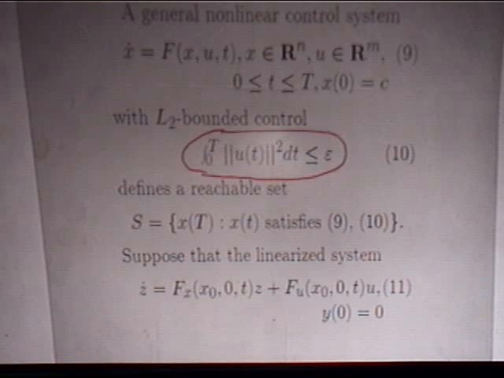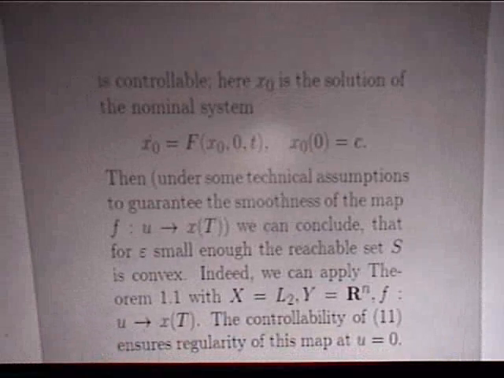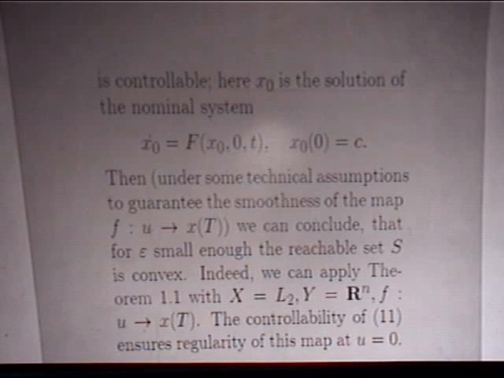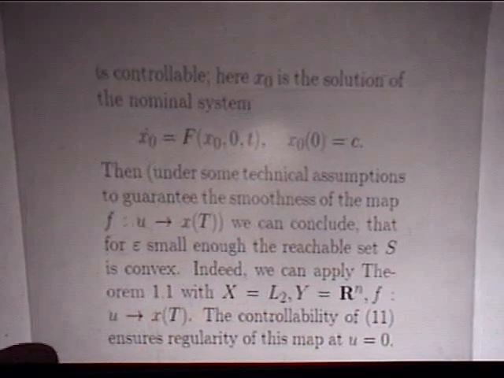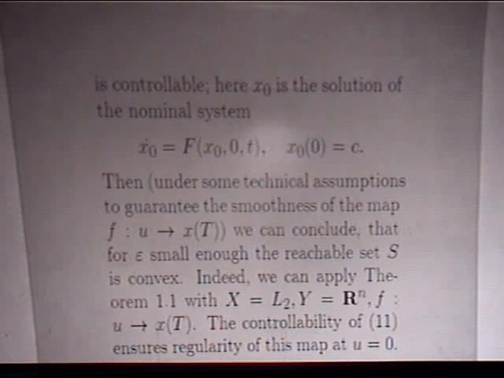Controllable means that for this linearized system, any point is reachable from 0 if we apply arbitrary controls, without constraints on control.